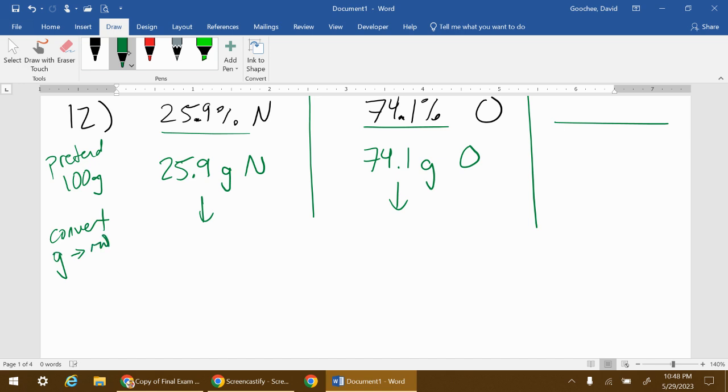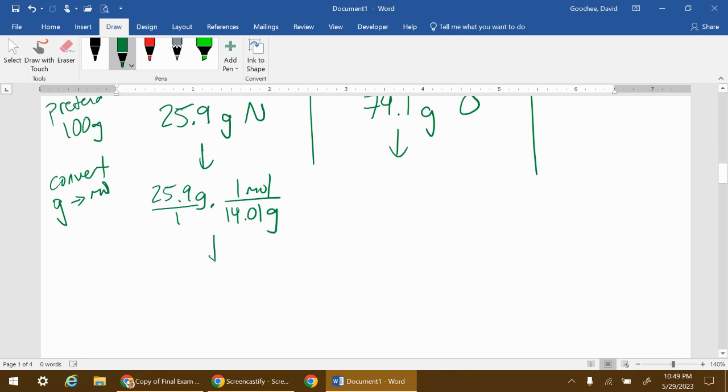So to do that, 25.9 grams. To go from grams to moles, we divide. So 1 mole is how many grams of nitrogen? 14.01. So 25.9 divided by 14.01, we have 1.85 moles of nitrogen.